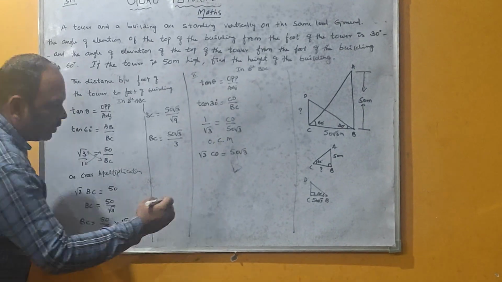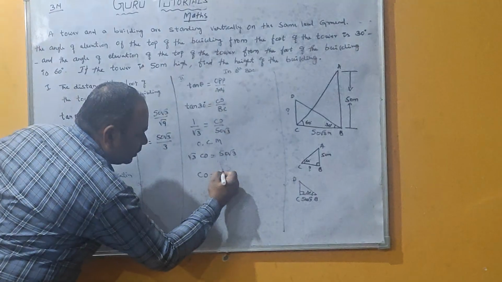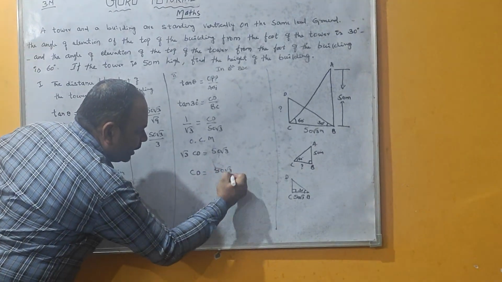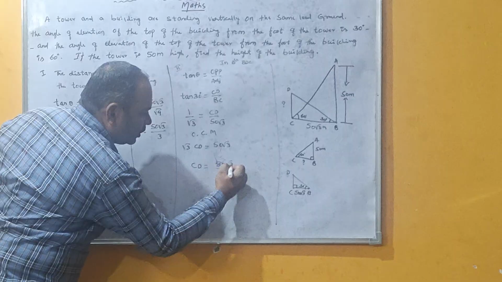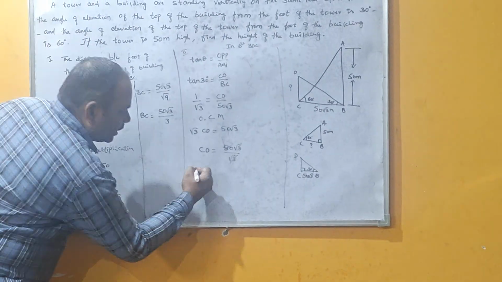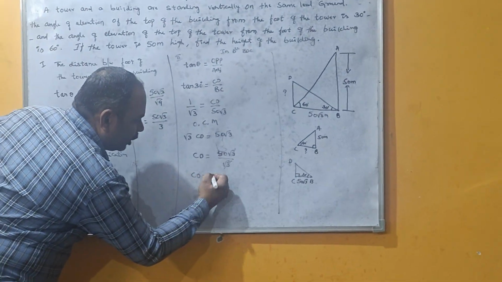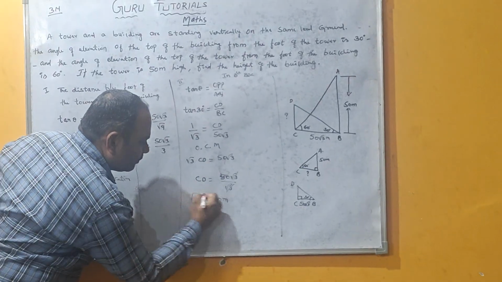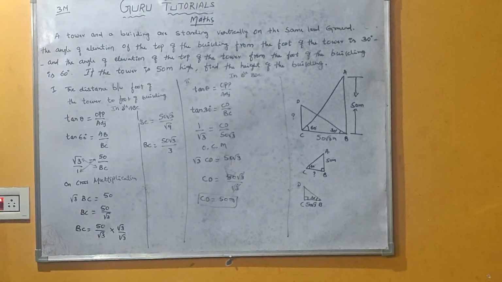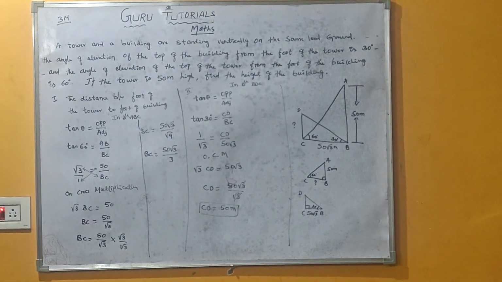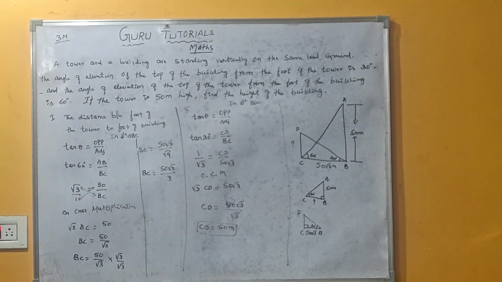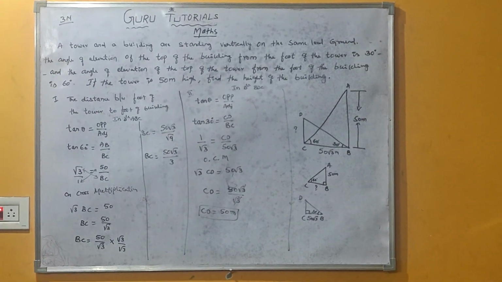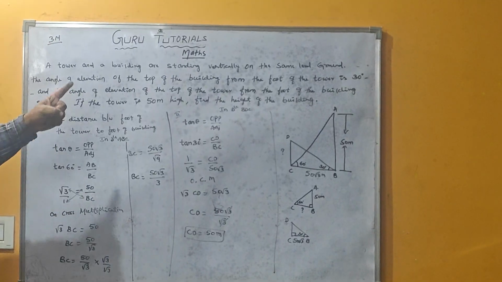Therefore CD is equal to 50 root 3 by root 3. Root 3 and root 3 cancel, so CD is how many meters? Is it possible that CD is 50 meters? The tower's height is 50 meters and the building is also 50 meters. Somewhere I told you wrong.